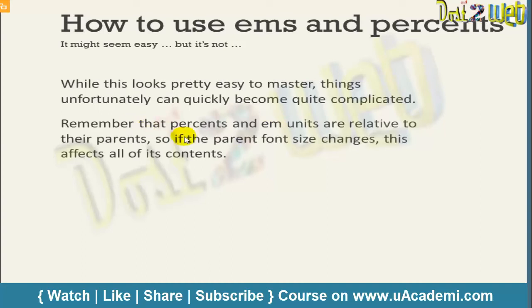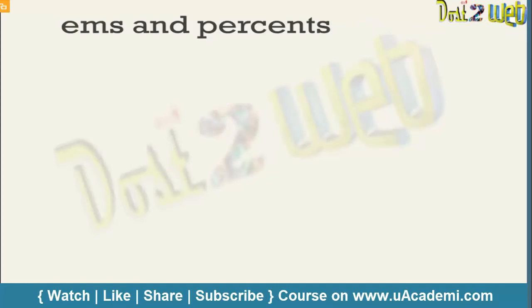Remember that percentage and EM units are relative to their parents. So when the parent font size changes, this will also be affected. The moment you change the font size of the parent, this will also change.